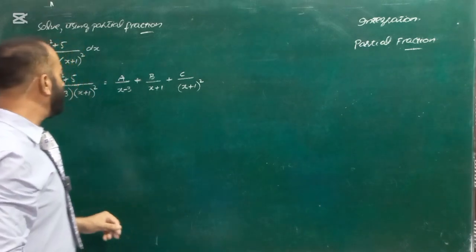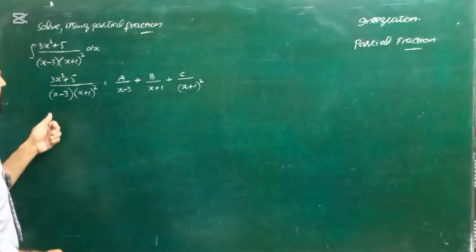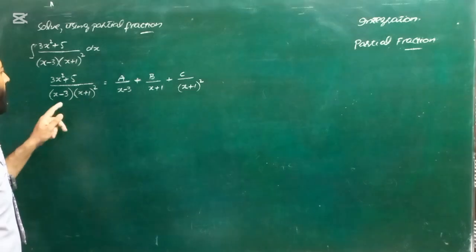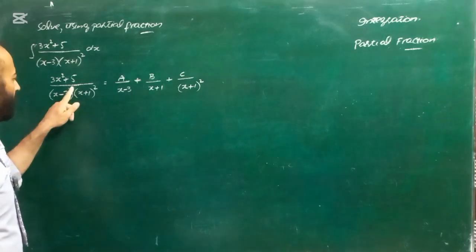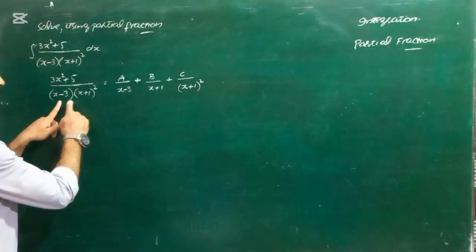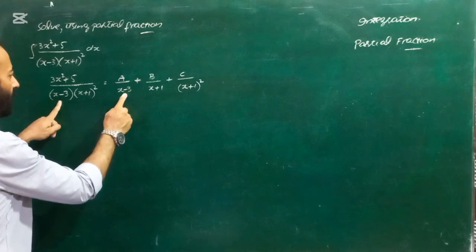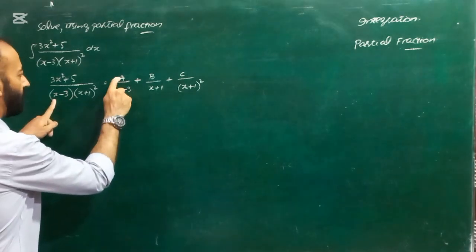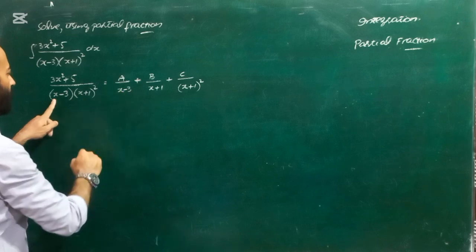So listen again, this is a question. The linear parts are there, because this bracket has power 1, it will be placed under A. Because of the linear power, we put one alphabet in the numerator.